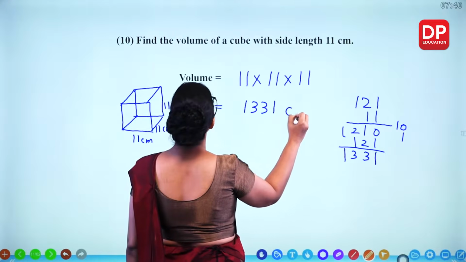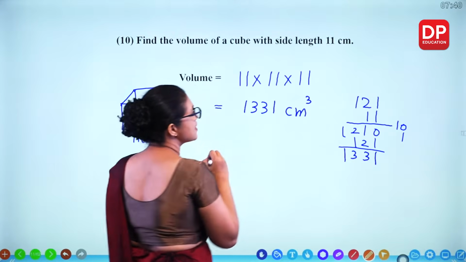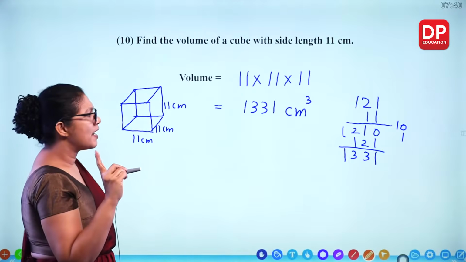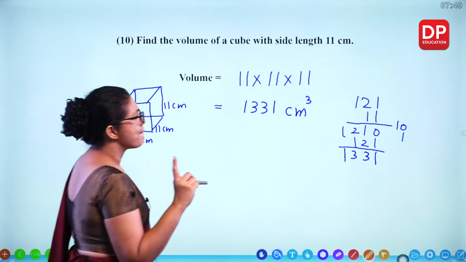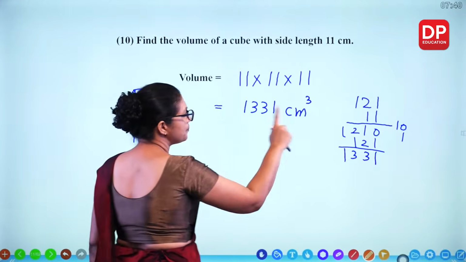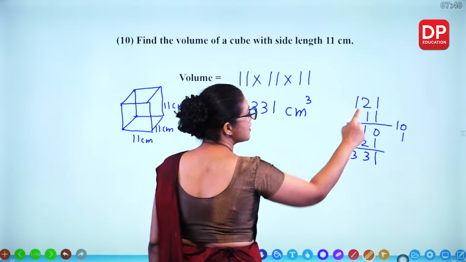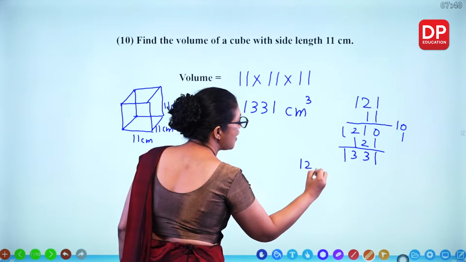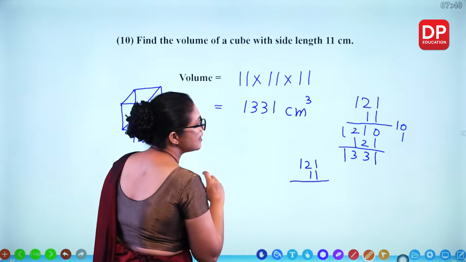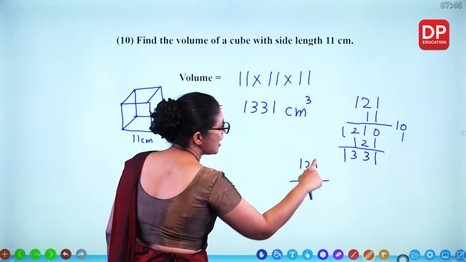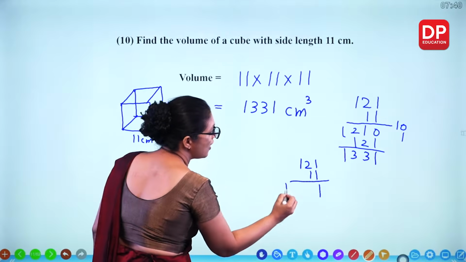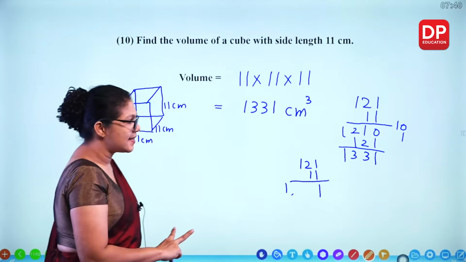1331 cubic centimeters. What's the easiest way to multiply by 11? You keep a blank in between and just add. So think about 121 multiplied by 11. Here 1 times 1, 1. Here also 1. You write ones there.